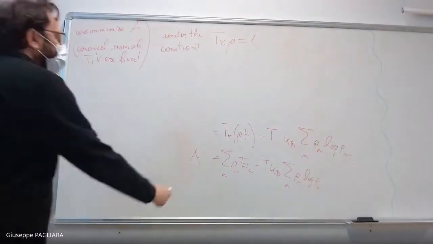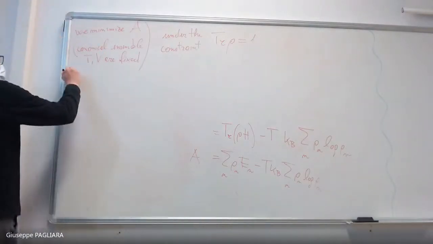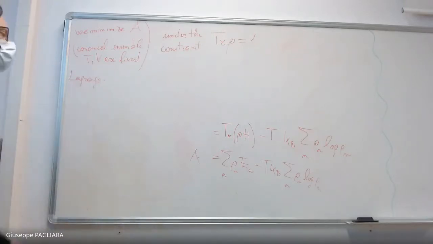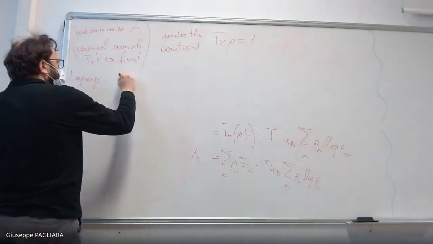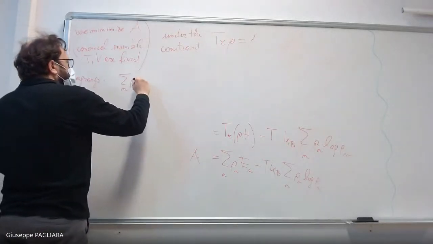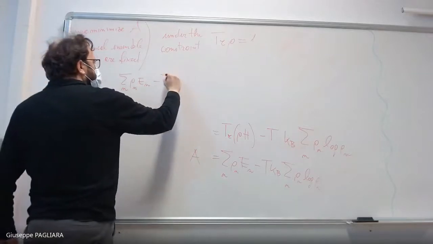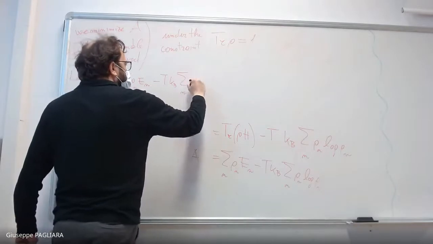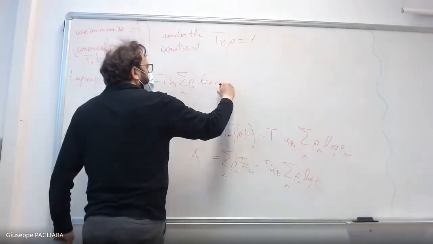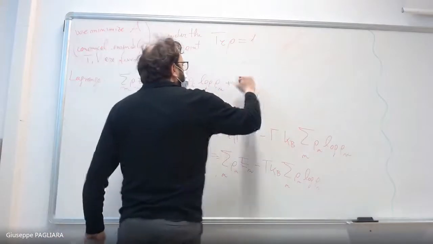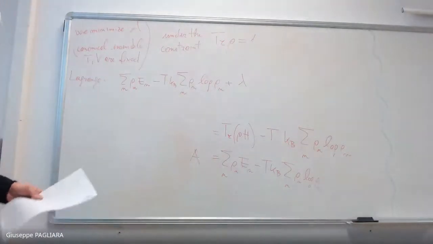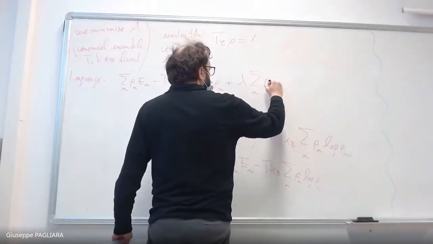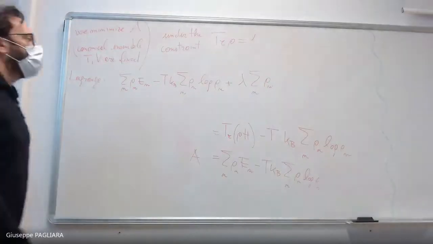So what we do is to use the Lagrange multiplier technique, and we minimize this quantity: the sum over n of rho n E_n plus T k_B sum over n of rho n log rho n plus lambda times the trace of rho, which is the sum of rho n, where lambda is a Lagrange multiplier.